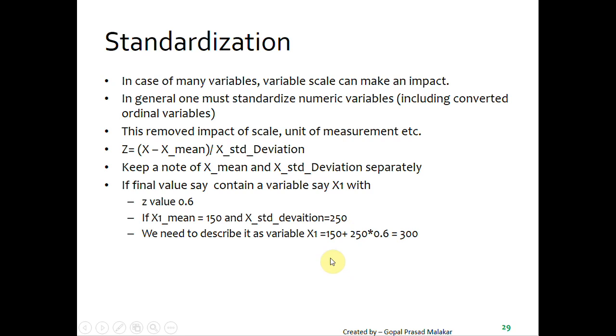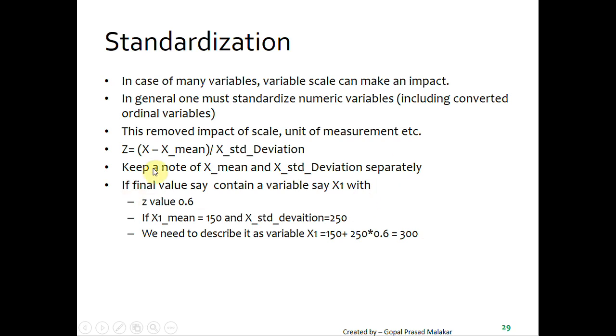You can say the actual value is mean plus Z into standard deviation, which is 150 plus 0.6 into 250, and that makes it 300.